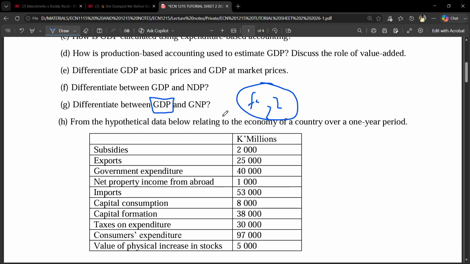So if a Zambian stays in China, and let's say that person owns something there, that income coming from China will be added as GNP, because that is part of Zambia, it is national. So GNP is simply gross national product, which means the value of all the national goods, and of course the domestic goods.